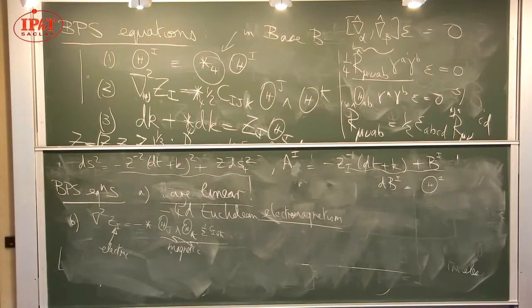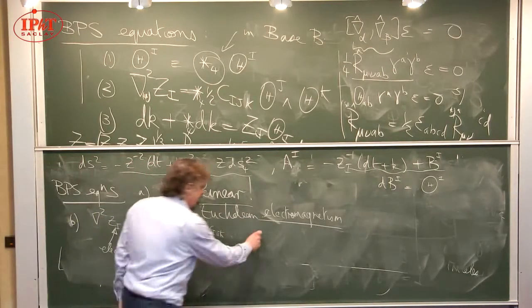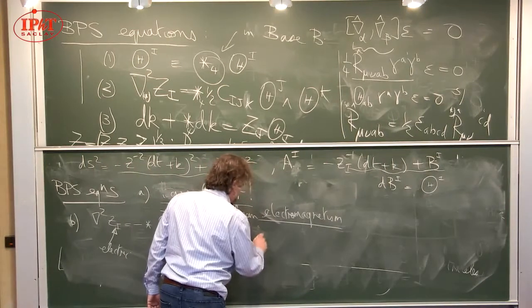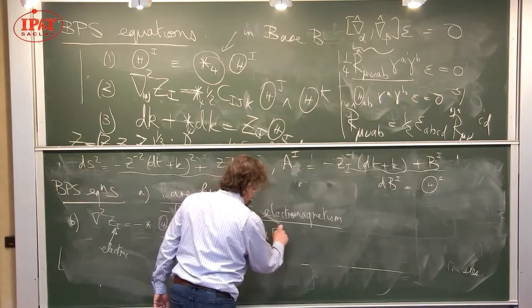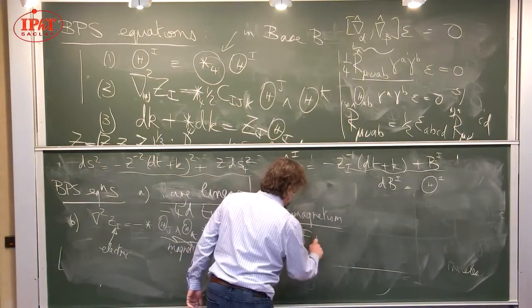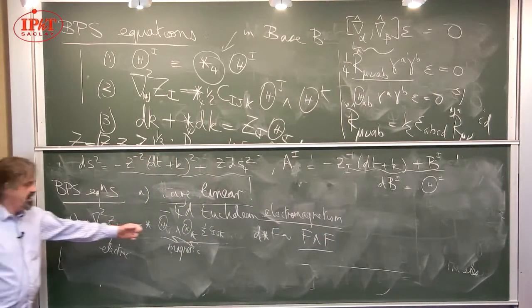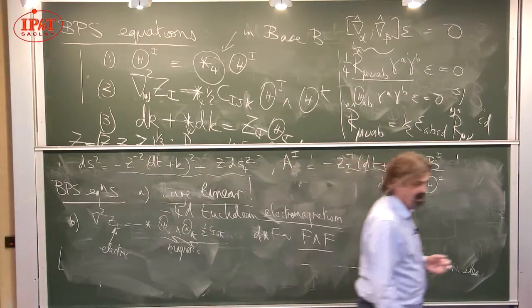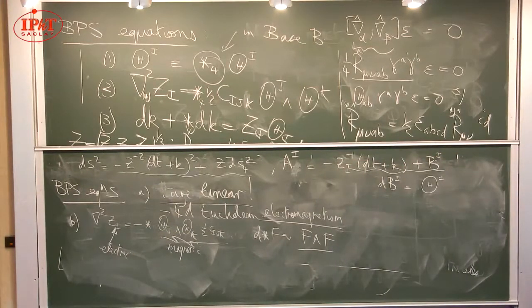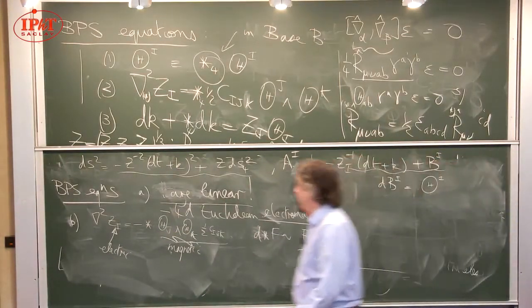So this is what I was promising before. It expresses the fact that the electric field, d star F, is proportional to F wedge F, that's where it comes from. But it tells you the electric fields here are sourced explicitly by magnetic fluxes.